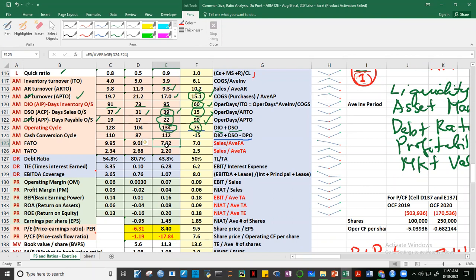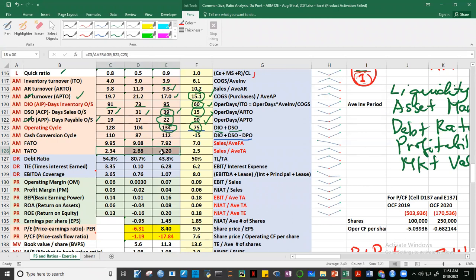Then we have TATO. That's total assets, so again we just average it. The TATO should be lower than the FATO, because our total assets are bigger than our fixed assets, so our denominator is bigger. Here it's 2.2, guys. It went up in 2019 but went down again in 2020.